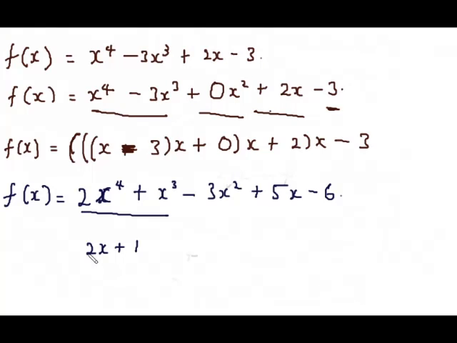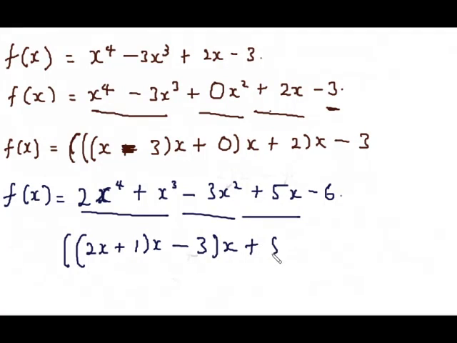So bracket it, we have our x outside, and then we take the next term, which is minus 3. So we bracket it, and then we have our x outside. We take the next term, which is plus 5, and then we bracket everything. We have our x outside of it, and then for the constant term we don't need to add any x outside of the brackets, so this becomes the nested form of this polynomial here.